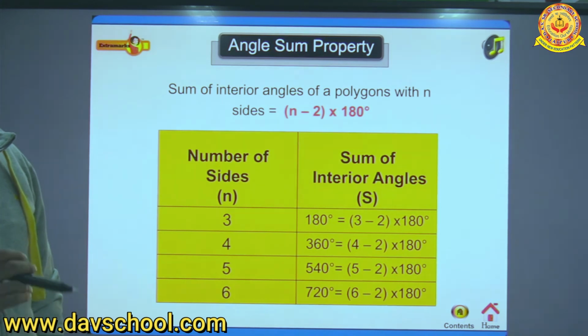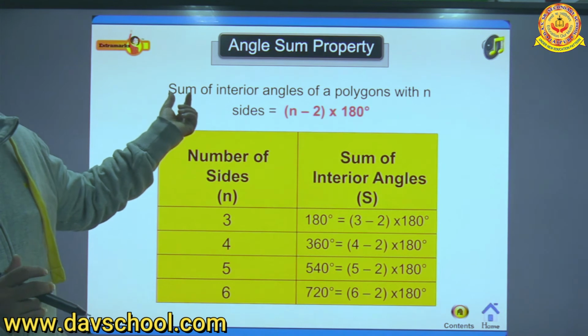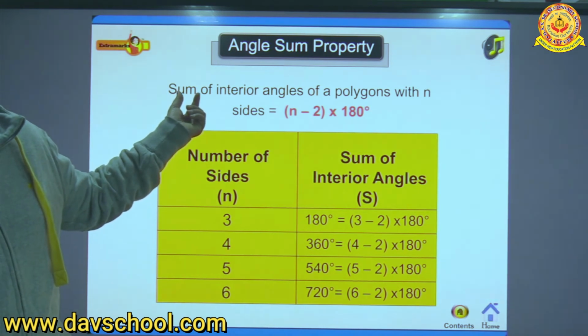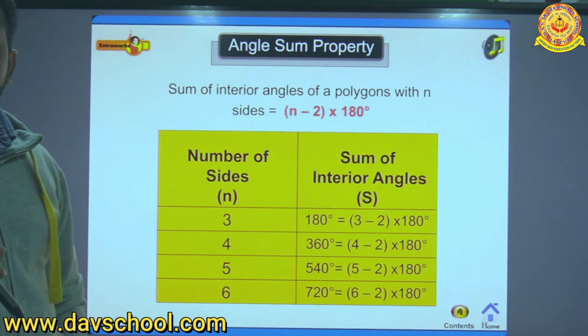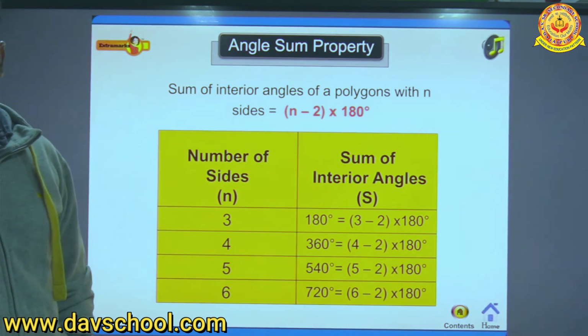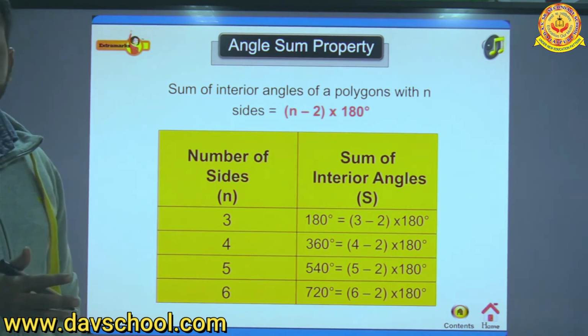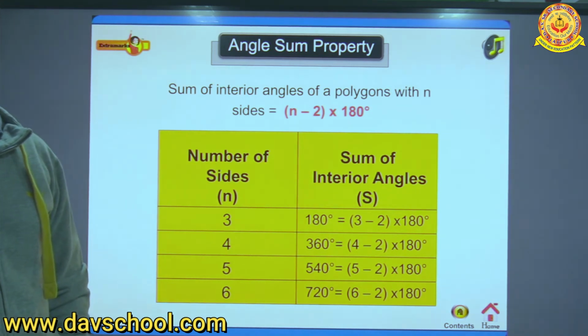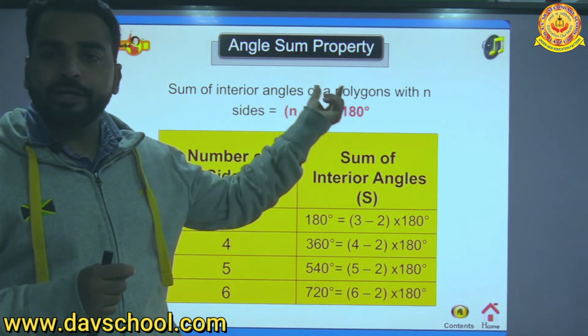Very good. So according to a particular formula, we can derive the angle sum of a polygon. For an example, the sum of the interior angles. These are interior angles, not exterior angles. So the sum of all interior angles of a polygon with n sides, that means the number of sides, is (n minus 2) into 180 degrees.